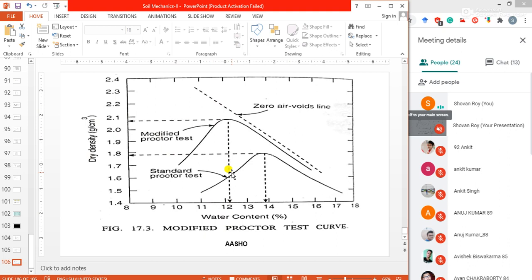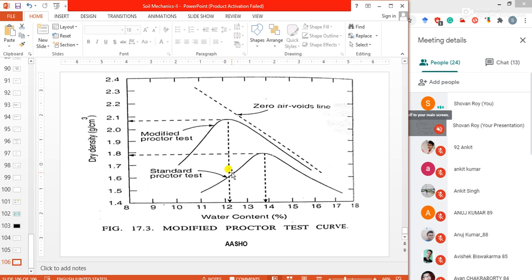But the modified Proctor test is restricted to heavier transport and military aircraft, like airport soil for constructing a runway, or constructing a railway station or transporting heavier vehicles.